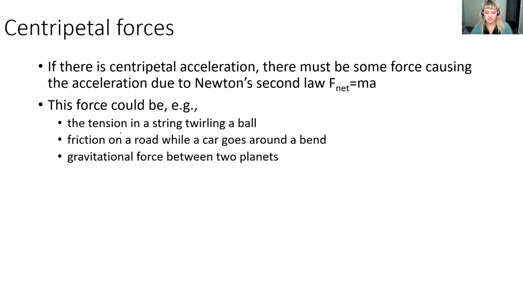Some people are very tempted to call centripetal force its own force, but it's not its own force. There are examples of things that can act like a centripetal force, but it's not its own unique thing. Tension, friction, gravitational force are all examples of a force that could be called a centripetal force that creates a centripetal acceleration.